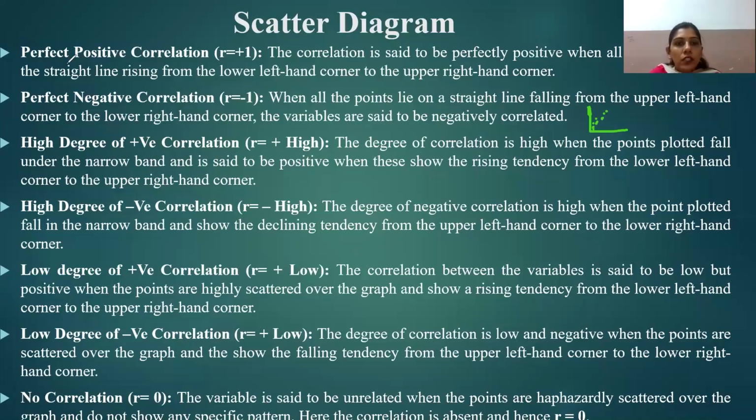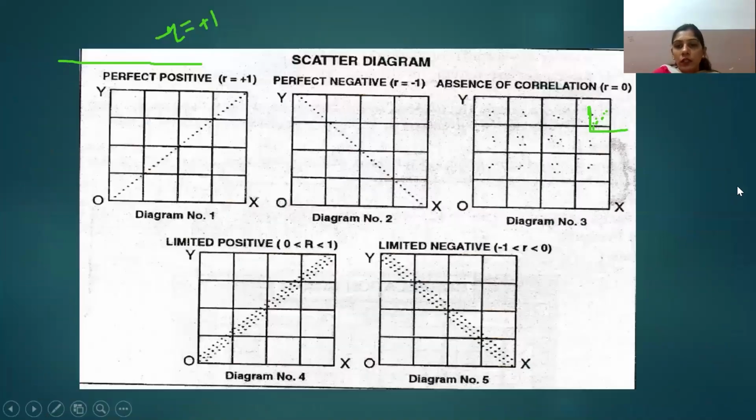Scatter plot, first, perfect positive correlation, which is r equal to plus 1, which we have already discussed in the degree of correlation. If all the points lie on a straight line, the correlation is perfectly positive, and r is plus 1. As you can see in this diagram, this is perfectly positive correlation among the variables.